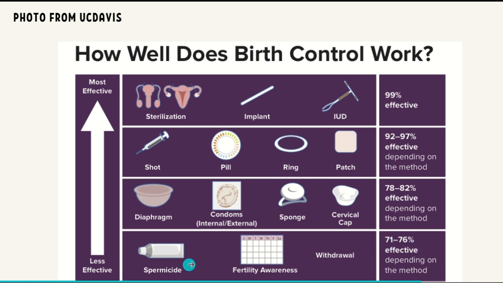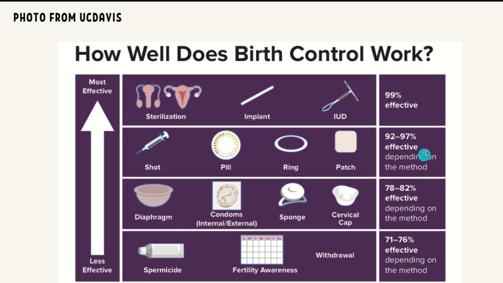So less effective is 71 to 76% effective. And then this next round is 78 to 82% effective, depending on the method. So you have the cervical cap, the sponge, then the condom, that one is external, and the diaphragm, which goes inside the vagina.